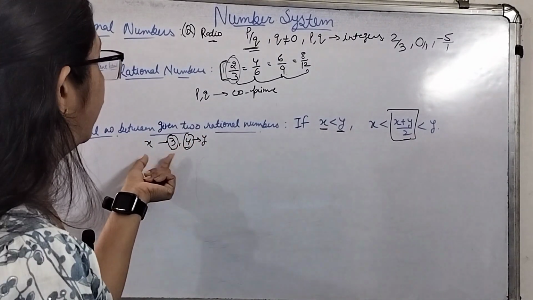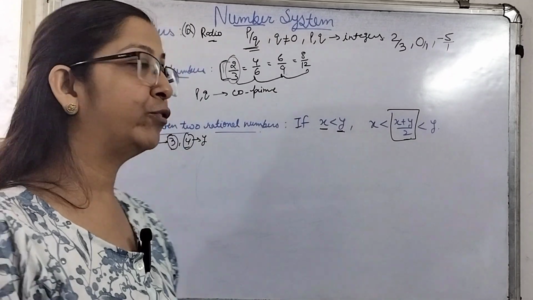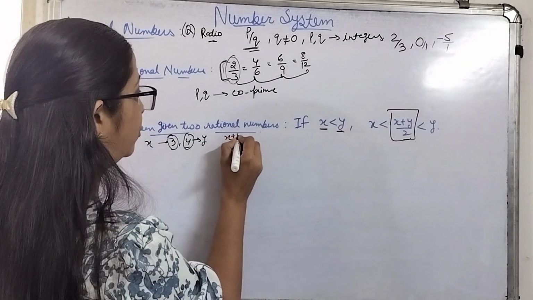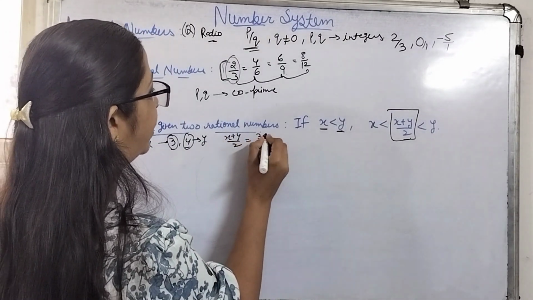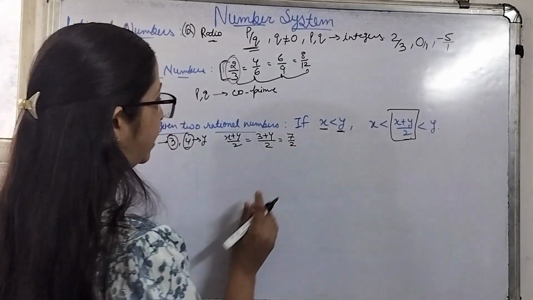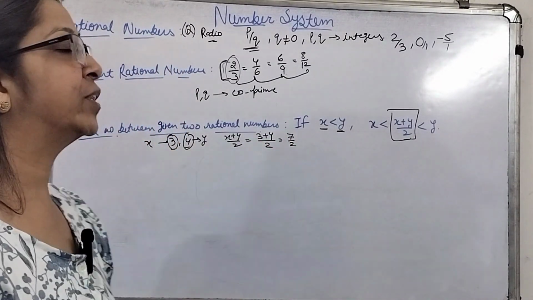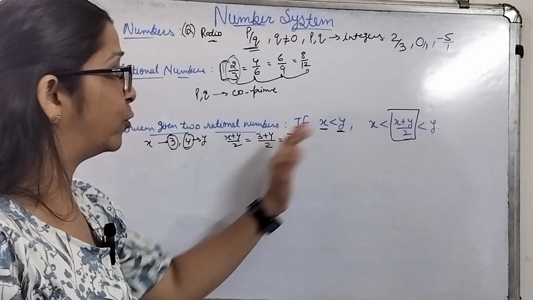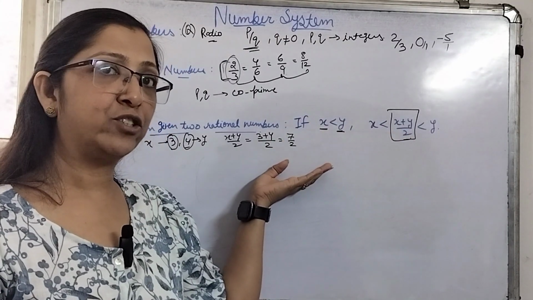So a rational number which lies between 3 and 4 will be x plus y by 2, that means 3 plus 4 by 2, that means 7 by 2. This is how we can find any one rational number.